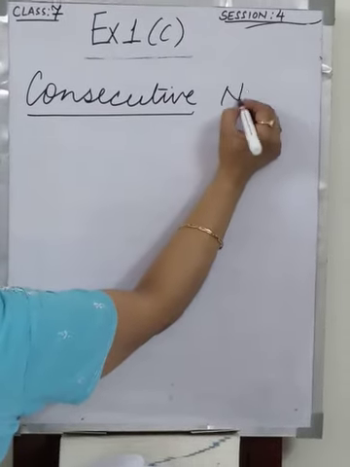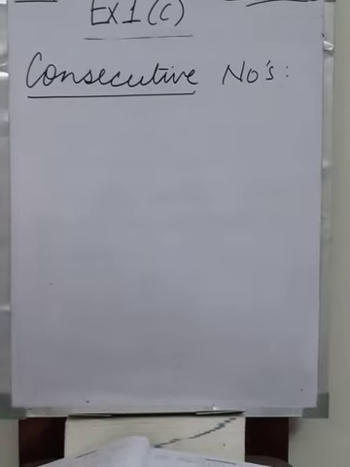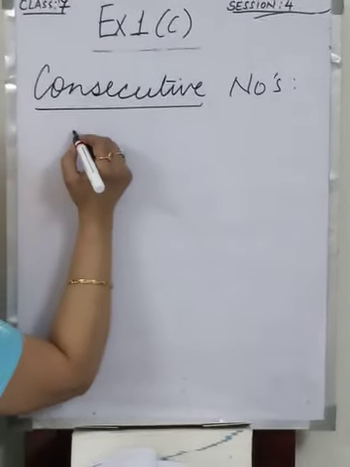Consecutive numbers, what does it mean? The continuous numbers are known as consecutive numbers.